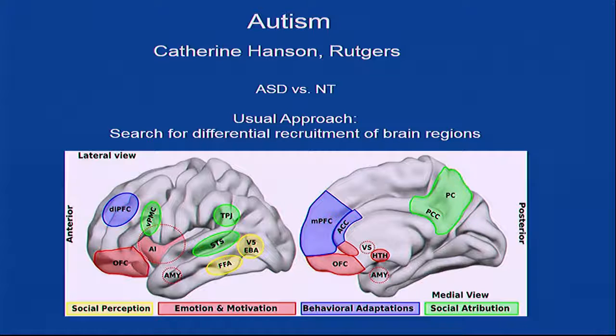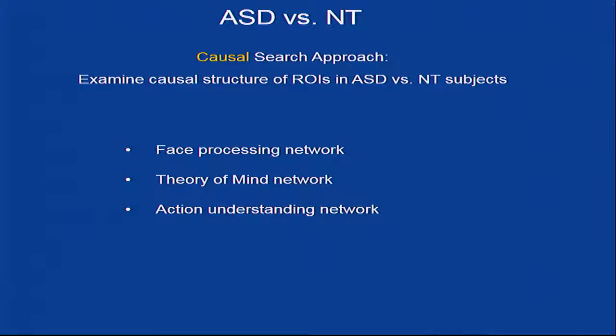But the thing I want to show you, and I think it is interesting to note, is that this was actually applied to detect the difference between autistic and neurotypical subjects, right? So the usual approach for that is to search for differential recruitment of brain regions. Well, that turns out to be very, very difficult in neurotypical versus autistic subjects. They each have lots of active regions in the same basic way.